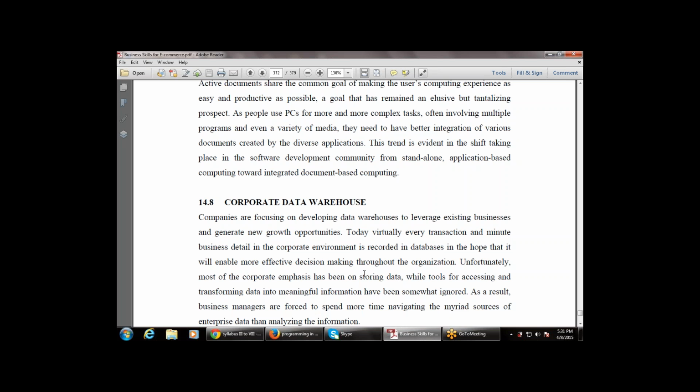Unfortunately, most of the corporate emphasis has been on storing the data, while tools for accessing and transforming data into meaningful information have been somewhat ignored.